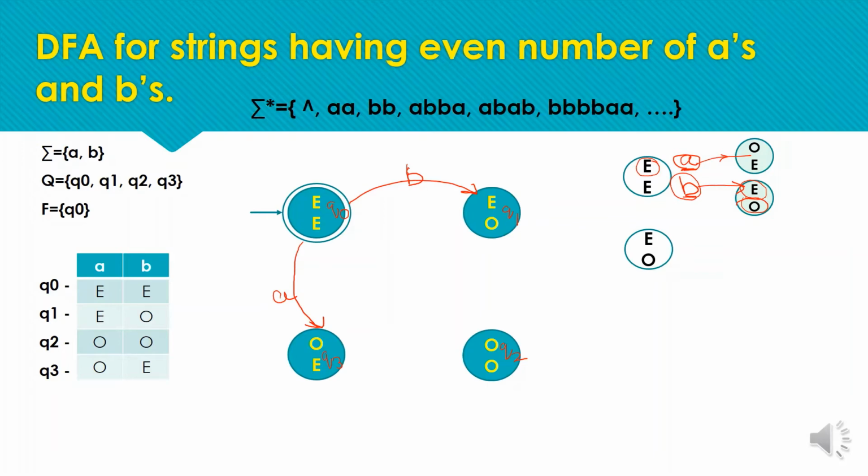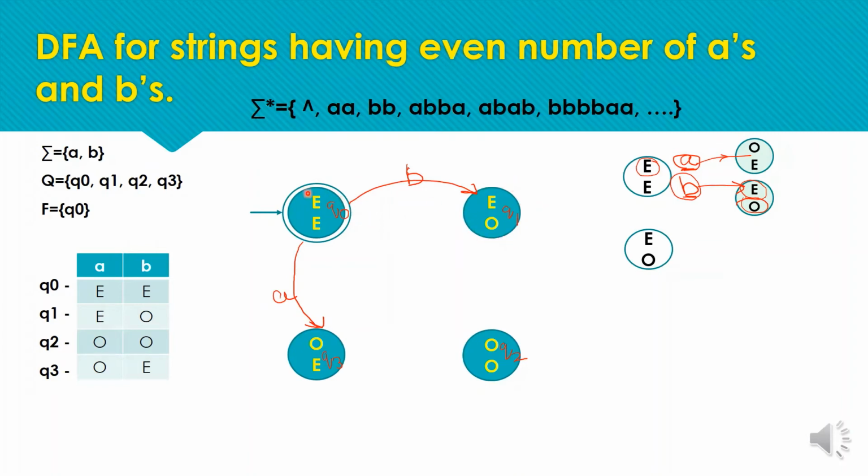We have to check for the possibilities, which means we have to check for the pattern. If on receiving the input symbol there are changes in the even number of A's and odd number of B's, we have to be at the same state according to the pattern. If the number of B's changed from even to odd, we are at Q1 or this state.